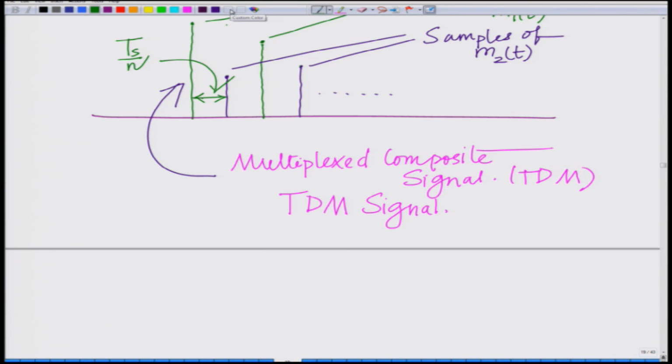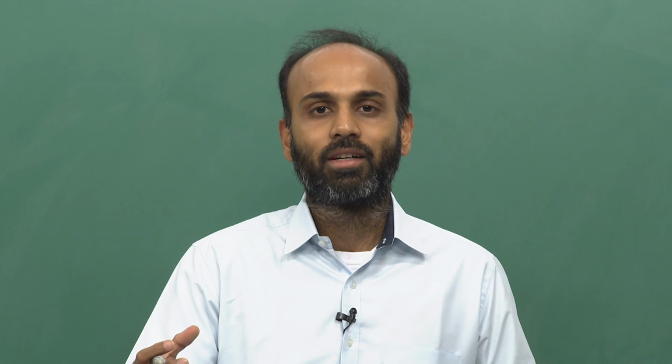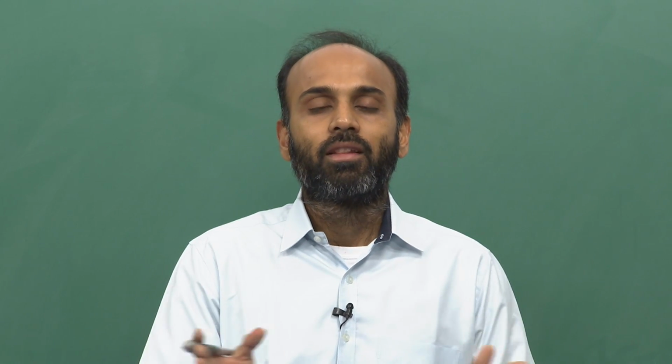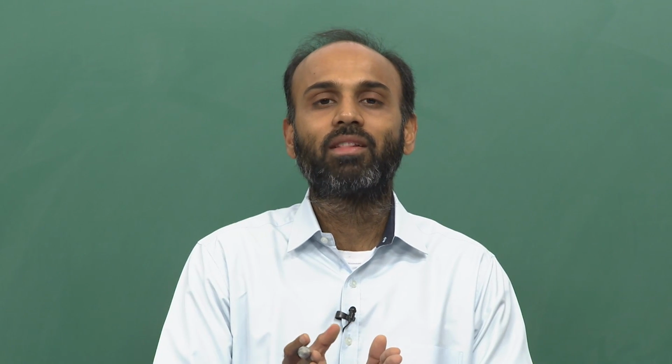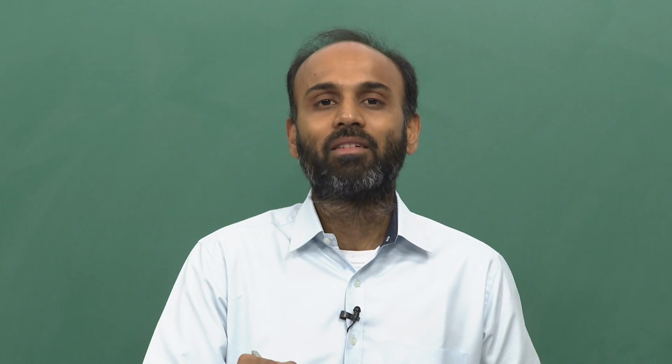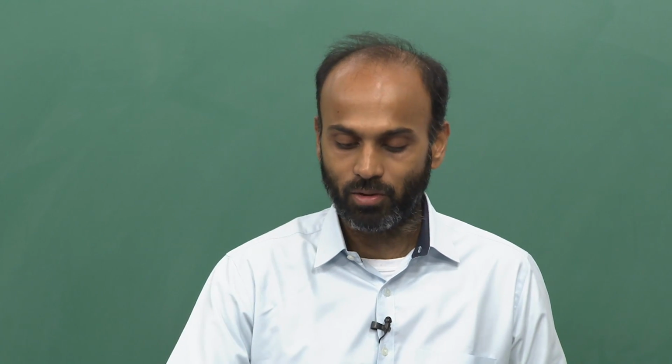Because in each sampling interval Ts you are generating n samples, one sample each from the sampled signals, the duration between the samples in the time division multiplex signal is Ts by n, where n is the number of samples. So, let us also note this.